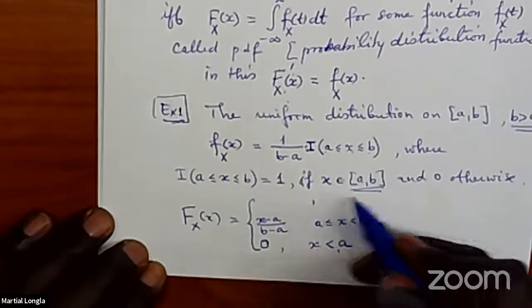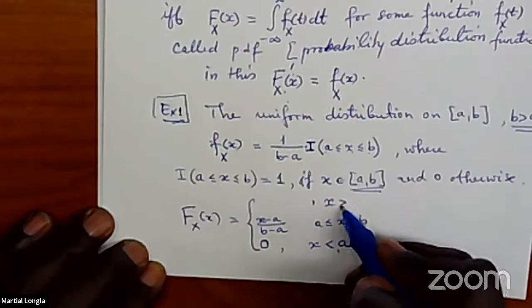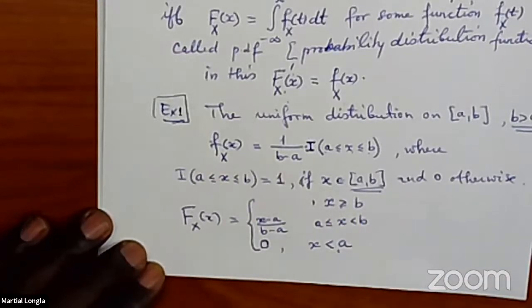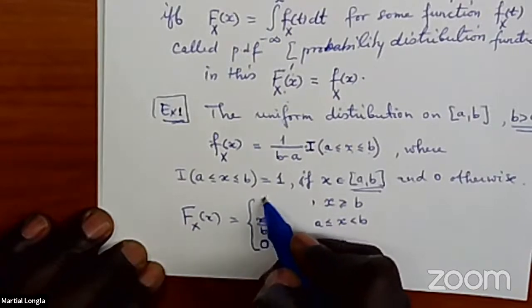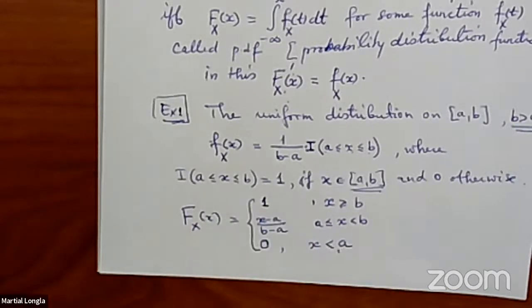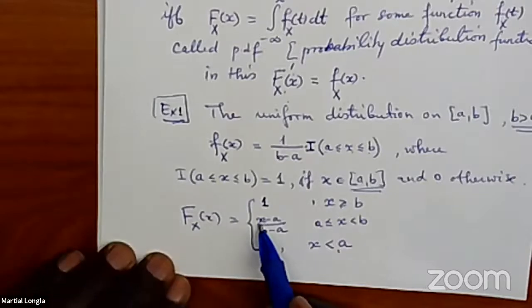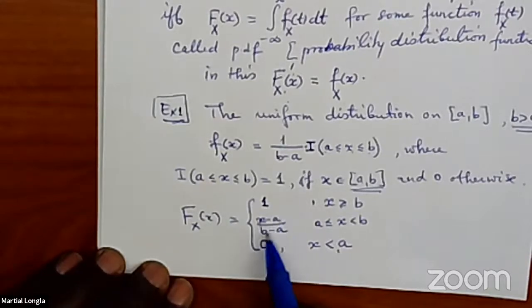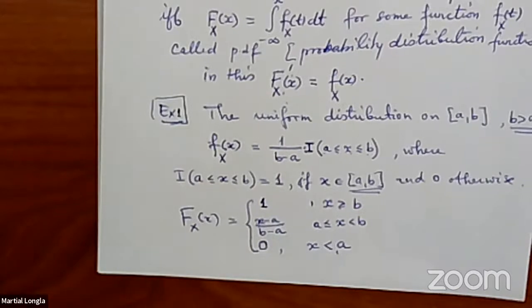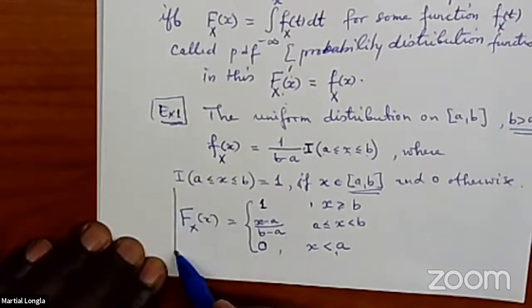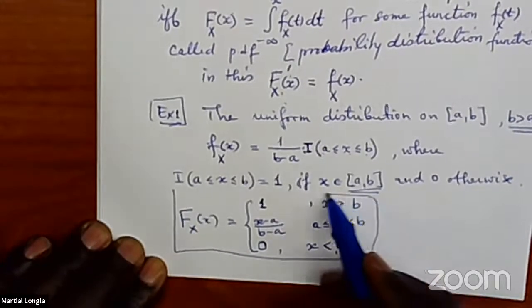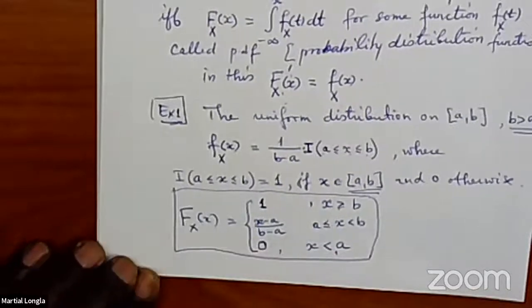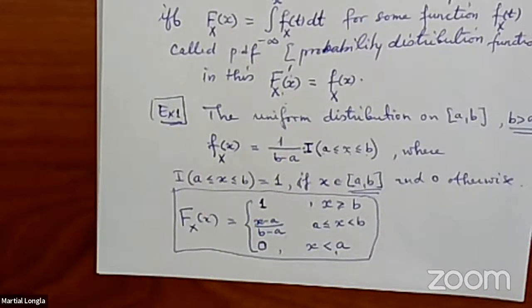And then when x is larger than or equal to b, this thing is going to be 1. Because after b, there is nothing else that is happening. So the value of the function will remain the same as it was at b. And at b, when you plug in b for x, you get b minus a over b minus a, which is 1. So that's the reason why this is the CDF of the random variable that is uniform on the interval from a to b.